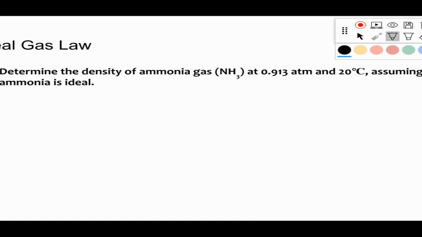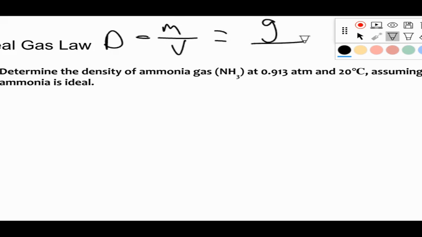Last one, determine the density of ammonia gas at 0.913 atmospheres and 20 degrees Celsius, assuming the ammonia is ideal. So again, we are going to go through and figure out what my values are. So density is going to be D is equal to mass divided by volume.